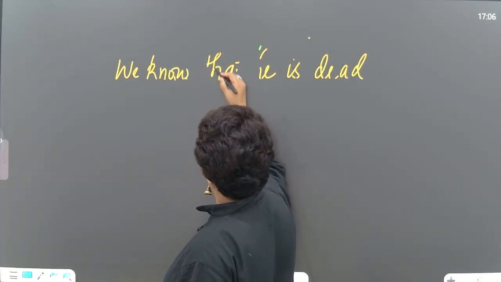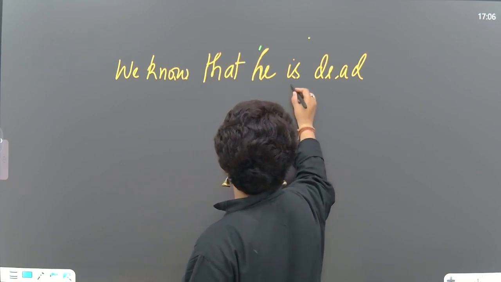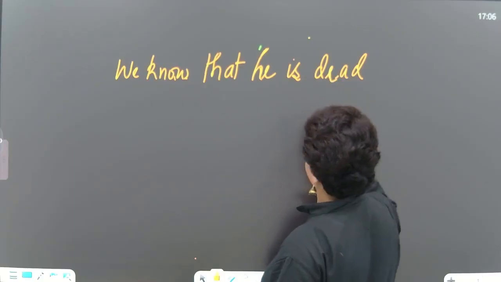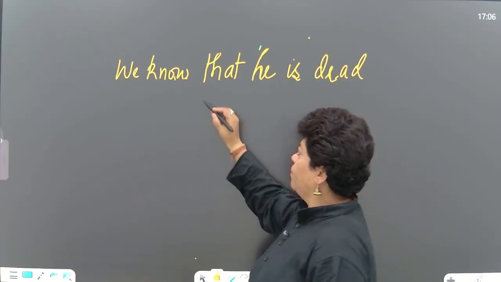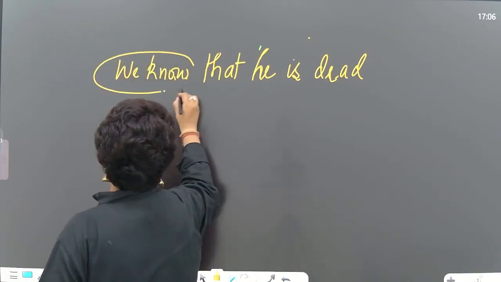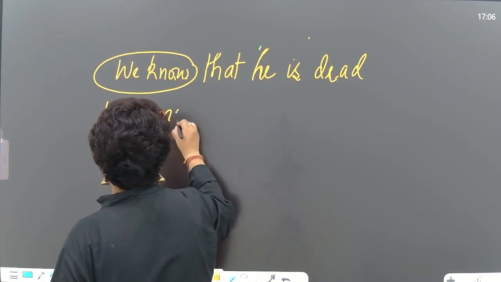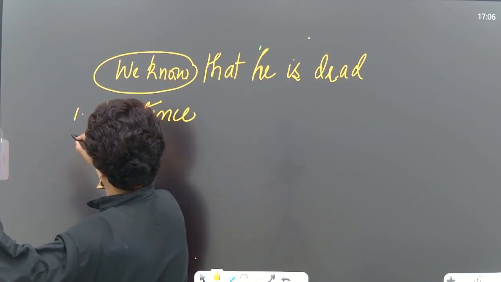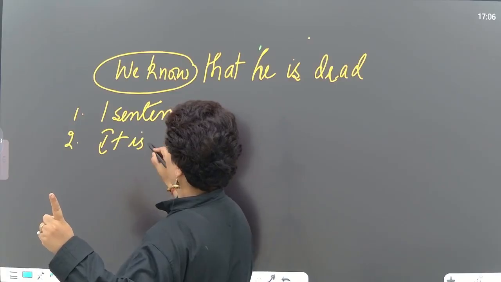Coming to this part again, we know that he is dead. Again, taking the same form, "we know" is one sentence. First, second point is it is independent.